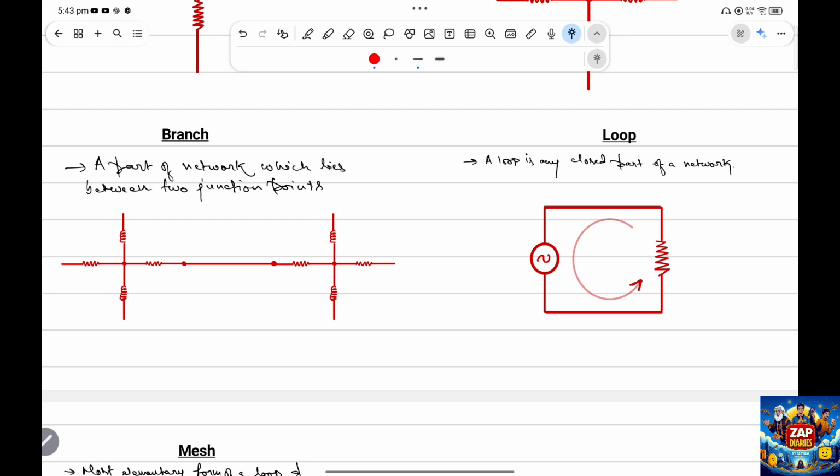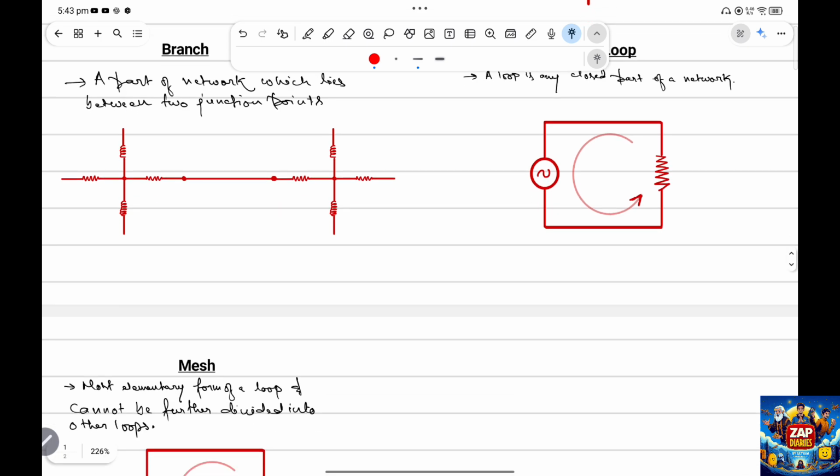What is a loop? A loop is a closed path of a network. This is a very basic definition of a loop. Like we are having a source over here, a resistor, and it's a closed circuit. There is no open end to it, and the current flows through the circuit in a round direction.